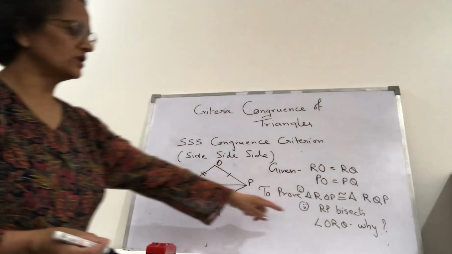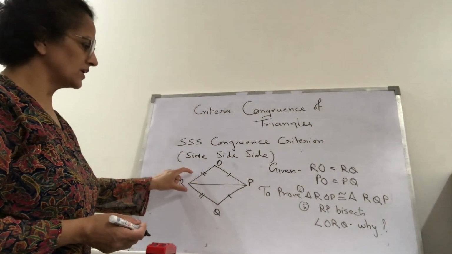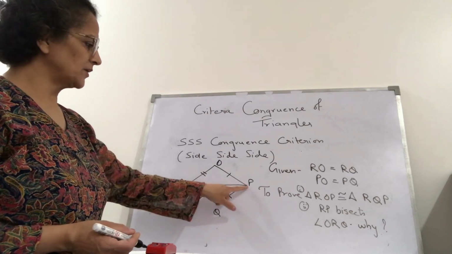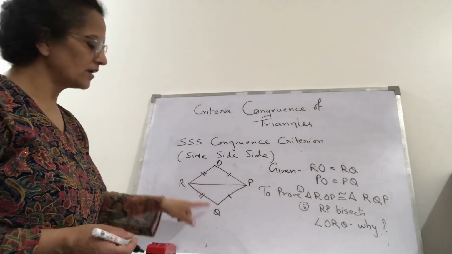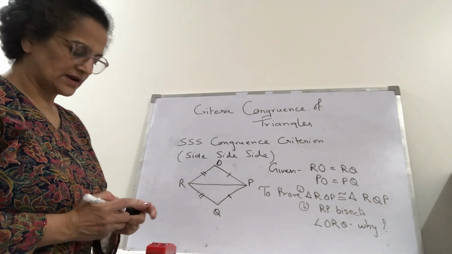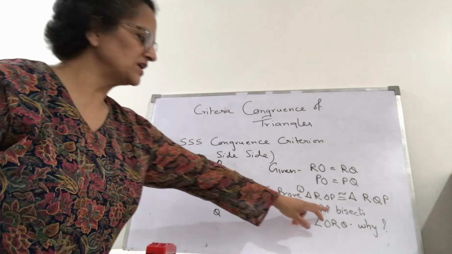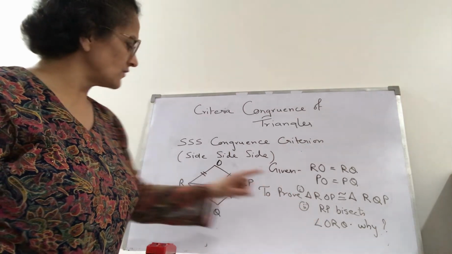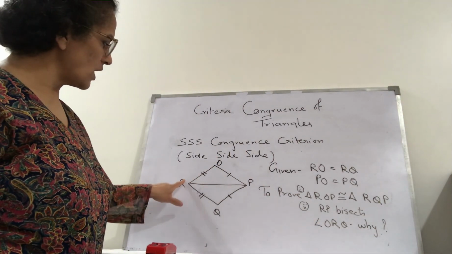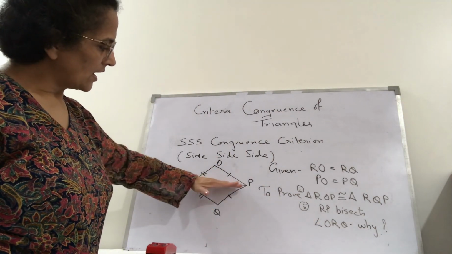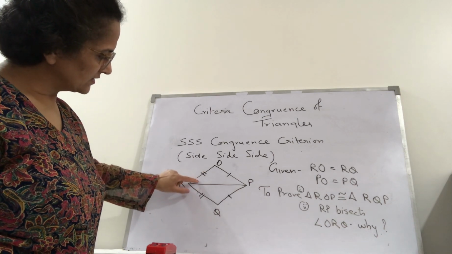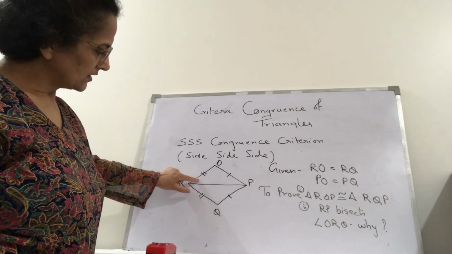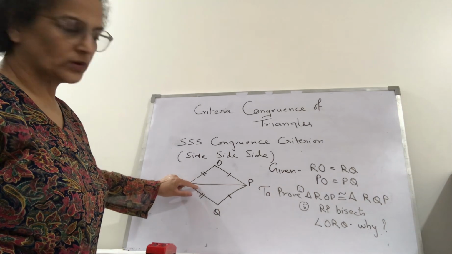You have to give a reason why you are saying that RP is bisecting angle ORQ. Now first understand the meaning. Bisect means dividing in two equal parts. So RP is dividing the full angle ORQ in two equal parts.